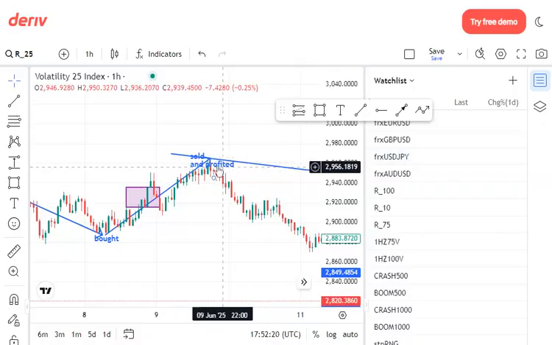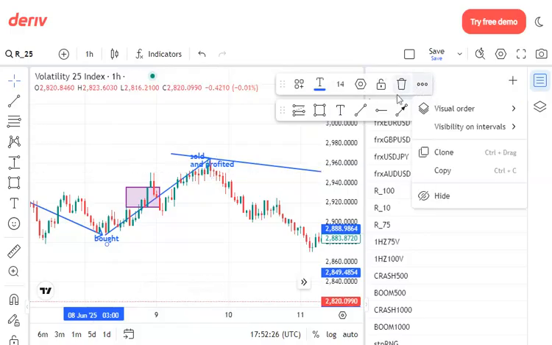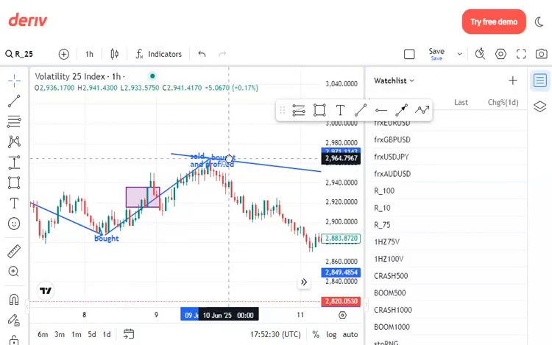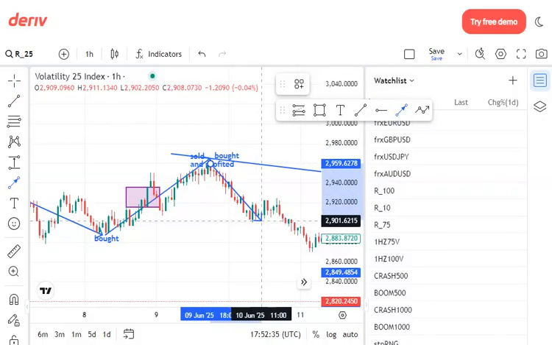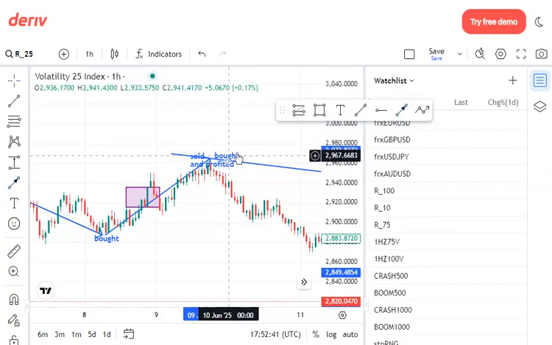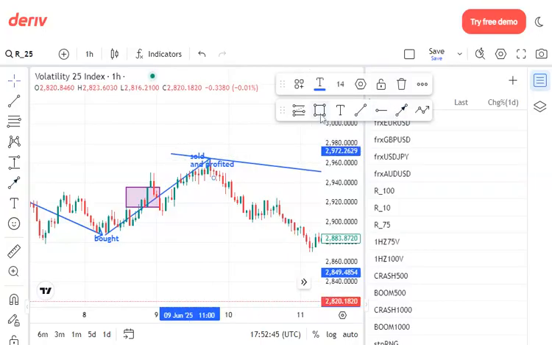So if you bought here, let me just clone this, if you bought here and the market continues to go down, you lost. When you buy, your anticipation is that it goes up. But over here, we saw the market was going to go down.